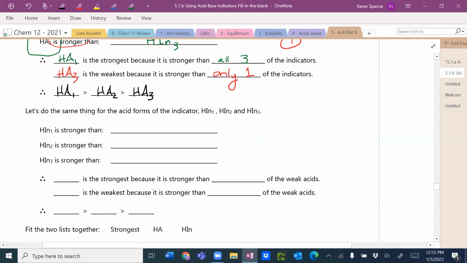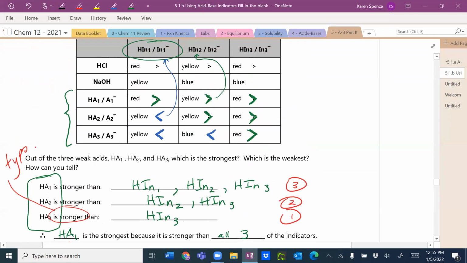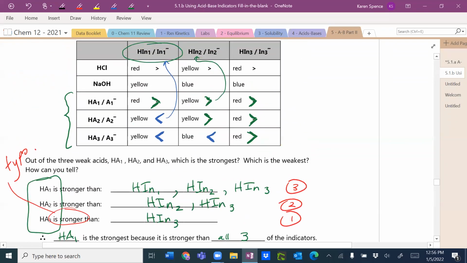Okay, we're going to do the same thing for our indicators. And in this case, we're not going to be looking across the row. We're going to be looking down the column.